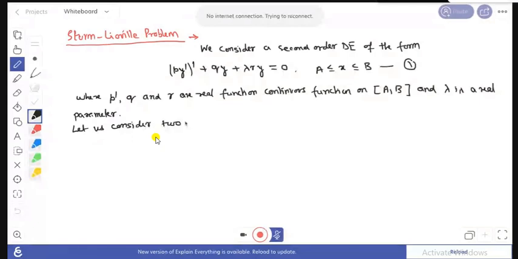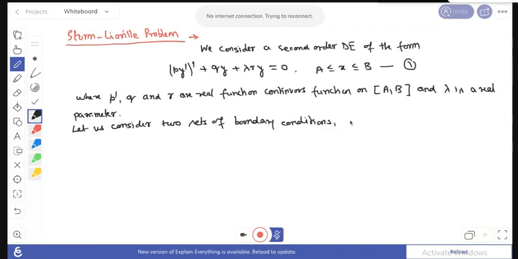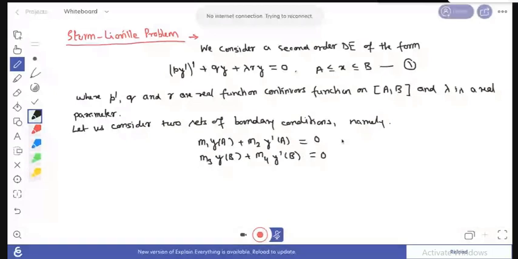So let us consider the boundary conditions. If we consider two sets of boundary conditions, suppose we write m1 y(a) + m2 y'(a) = 0, and suppose m3 y(b) + m4 y'(b) = 0.